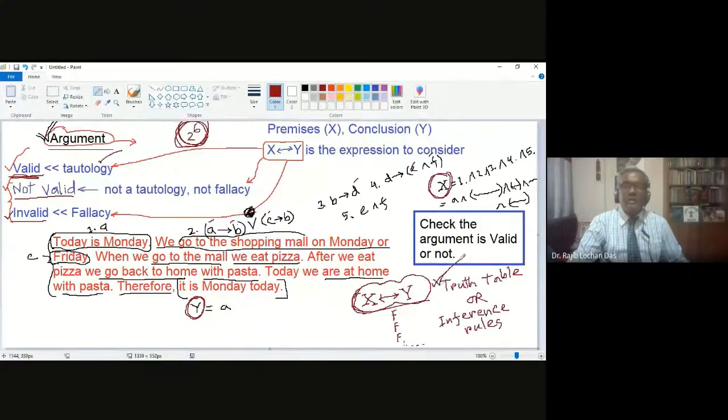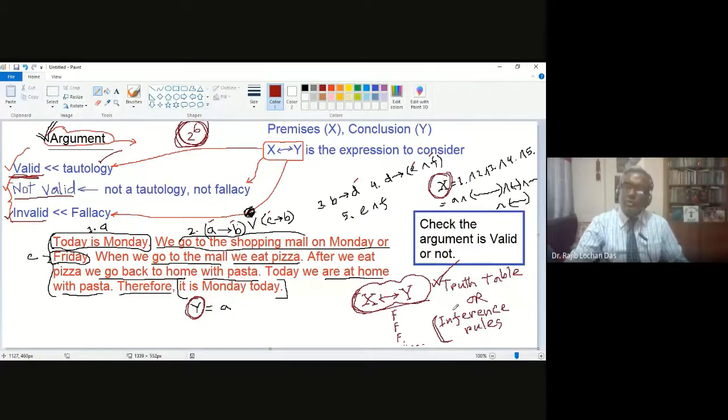Another thing is inference rule or algebraic rule. We already have some rules, that is idempotent law, commutative law, associative law, De Morgan's law, XOR law, all these you already know.